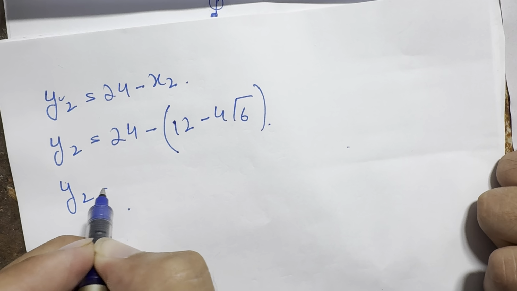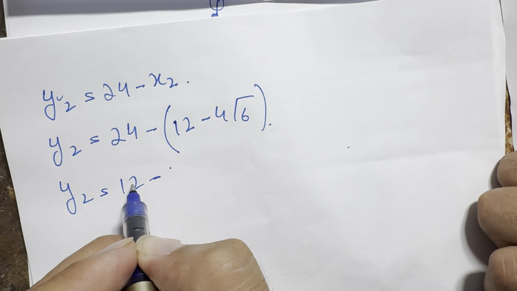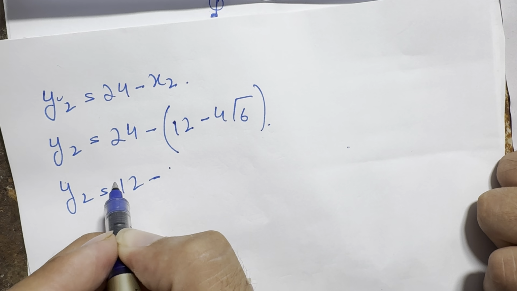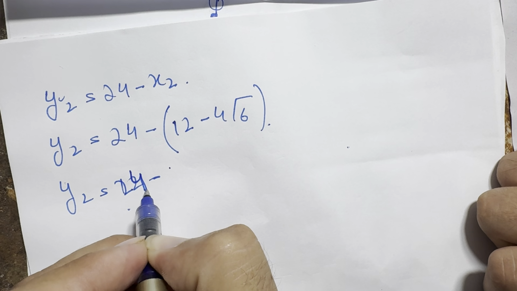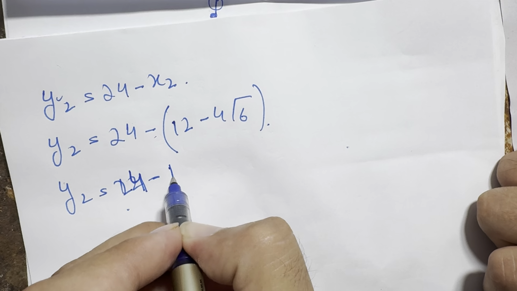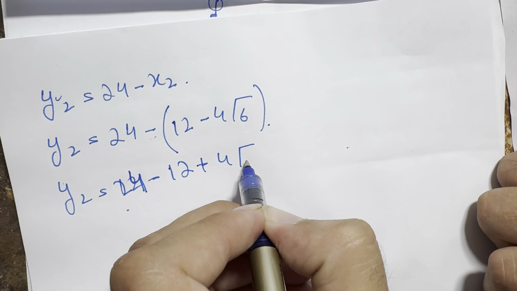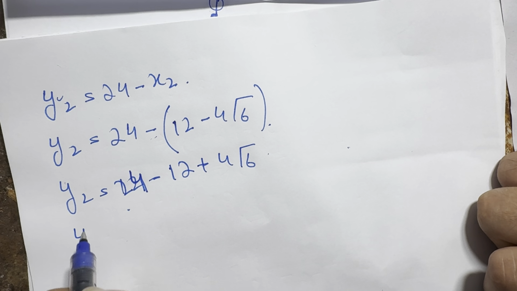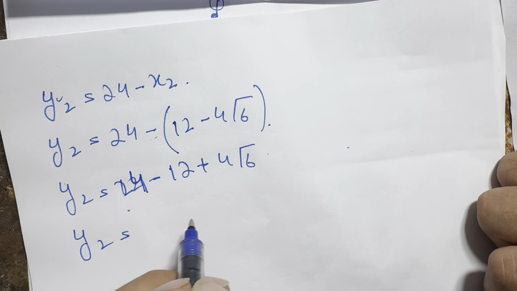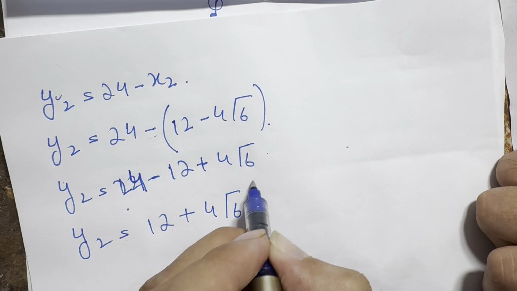So y2 will become equal to 24 negative 12, negative into negative is positive 4 under the root 6. So y2 will become equal to 12 plus 4 under the root 6.